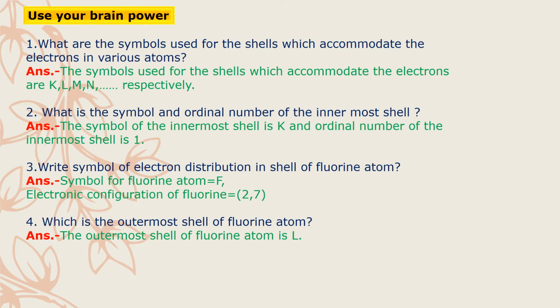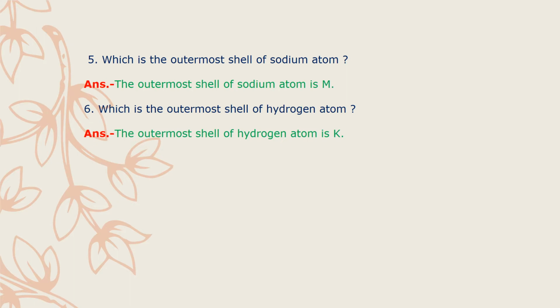The outermost shell of the fluorine atom is L. Which is the outermost shell of the sodium atom? The outermost shell of the sodium atom is the M shell. Now which is the outermost shell of the hydrogen atom? The outermost shell of the hydrogen atom is the K shell.